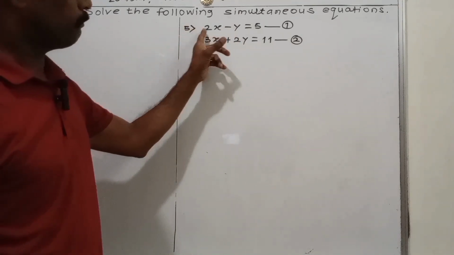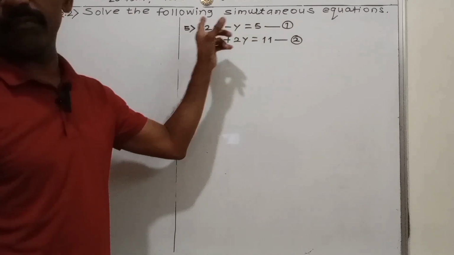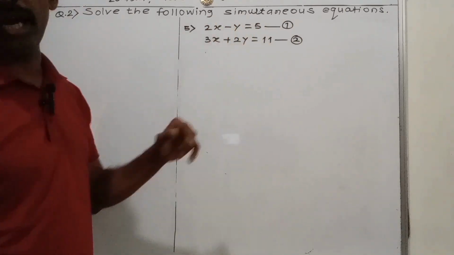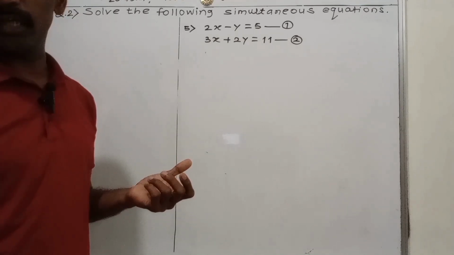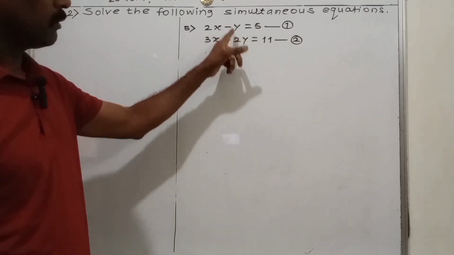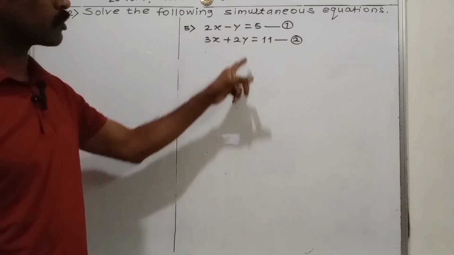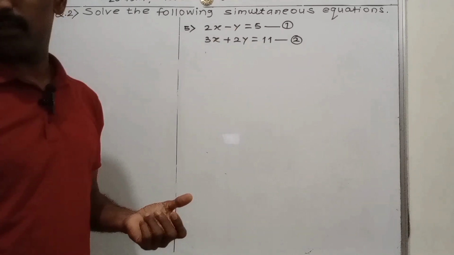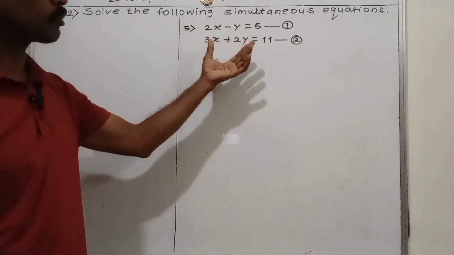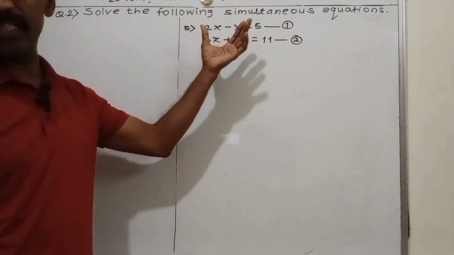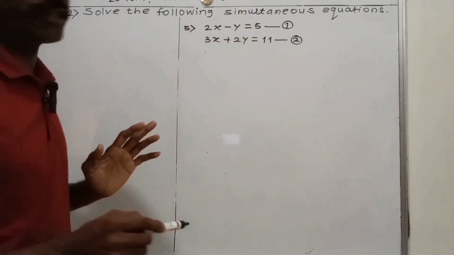Then we multiply equation 1 by 2. Okay, then we get coefficients of y equal. Did you get it? Now I will show you how to solve this example by substitution method.